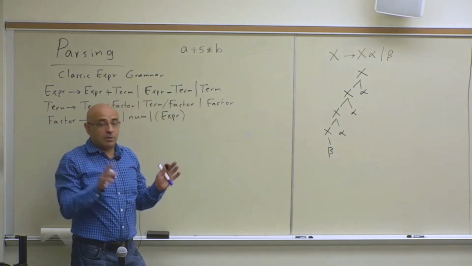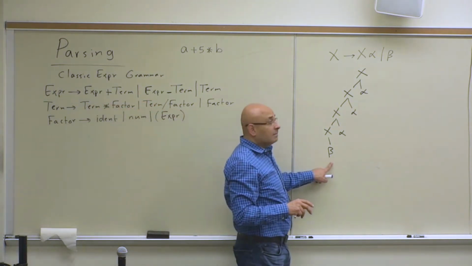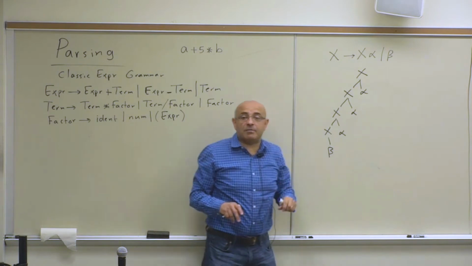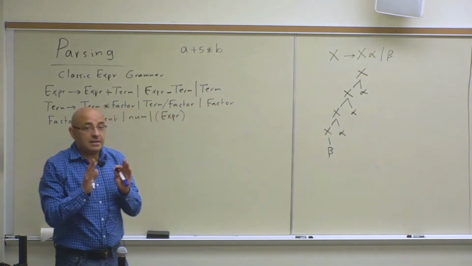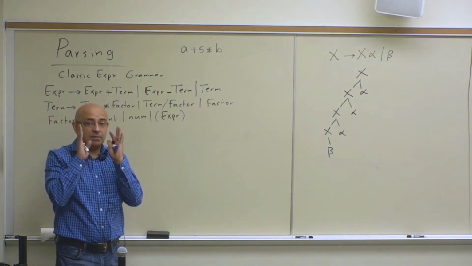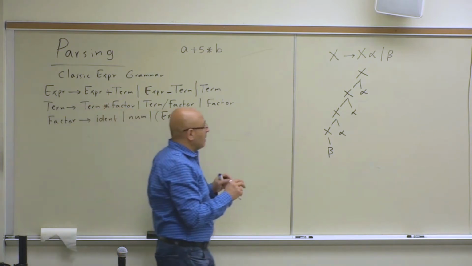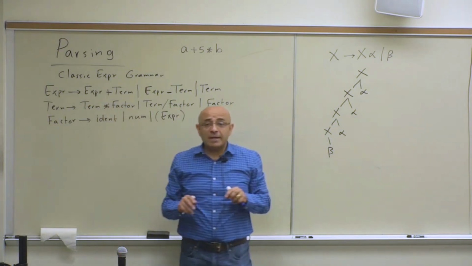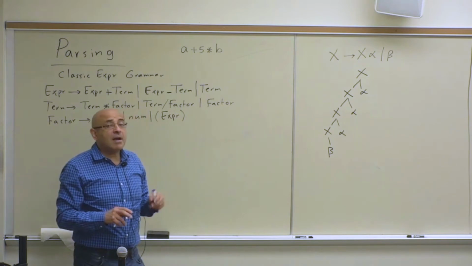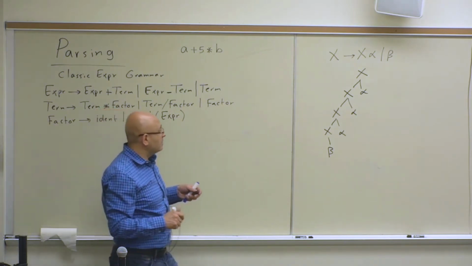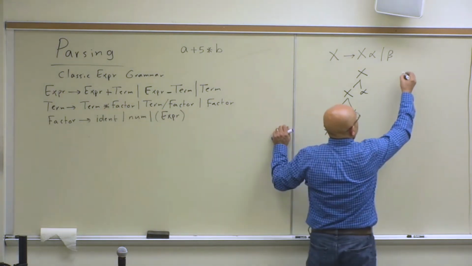So that's what we want. Start with beta and followed by any number of alphas. This is something that we can easily do using right recursion instead of left recursion. So that's what I want.